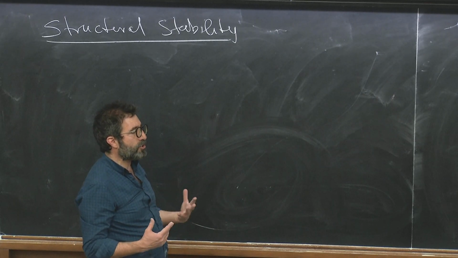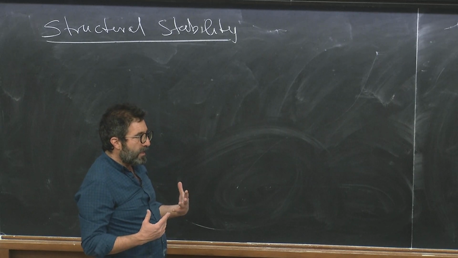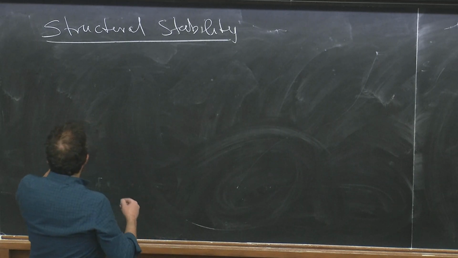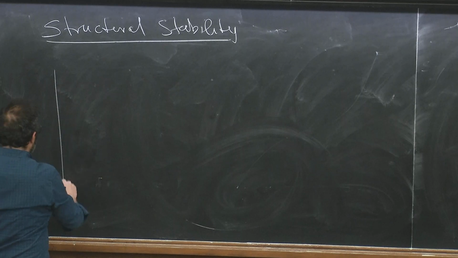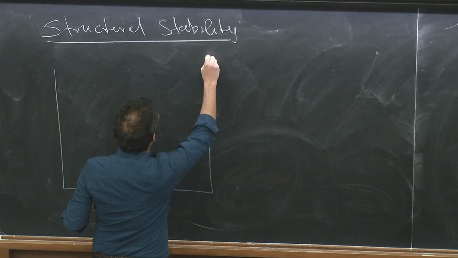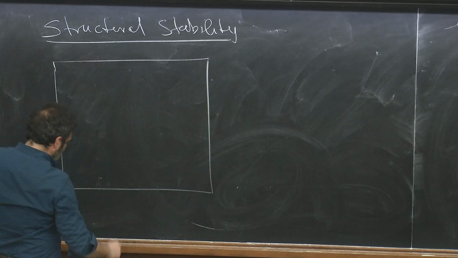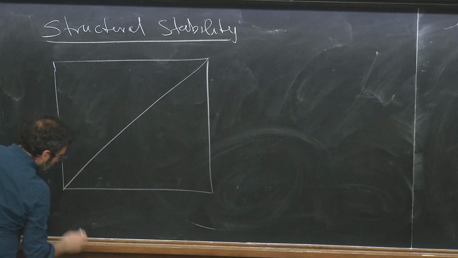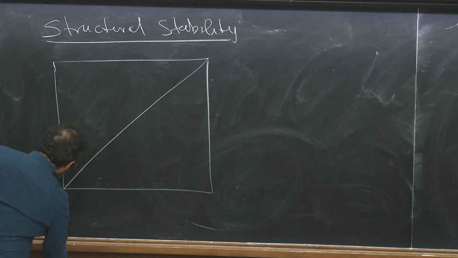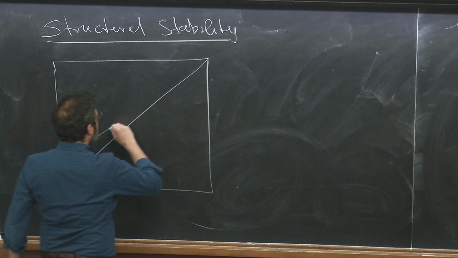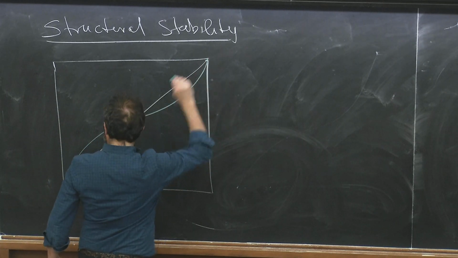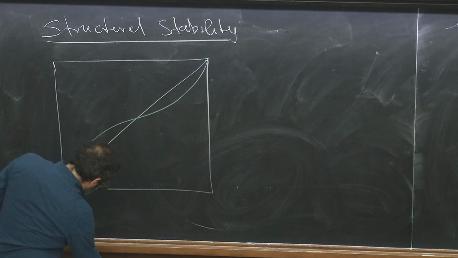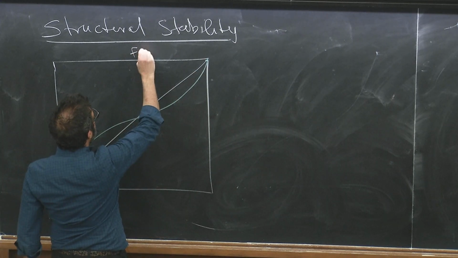you can ask the question, okay, if I perturb my map a little bit, so let's suppose we take a map, an interval diffeomorphism. We stay in the world of interval diffeomorphisms. Let's take this interval diffeomorphism.